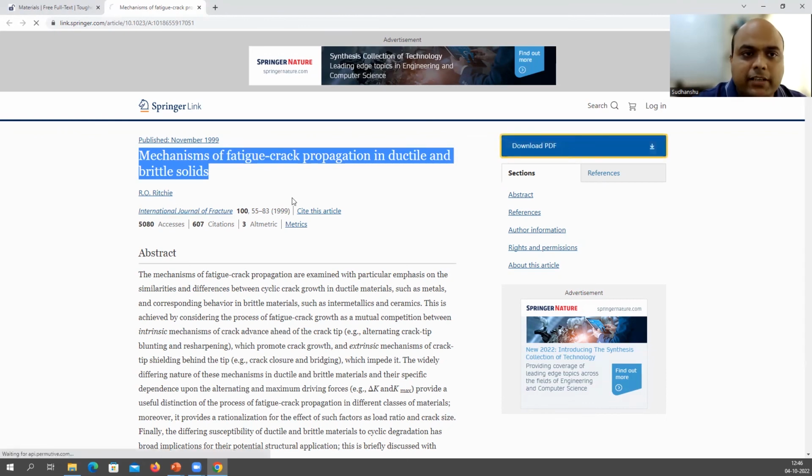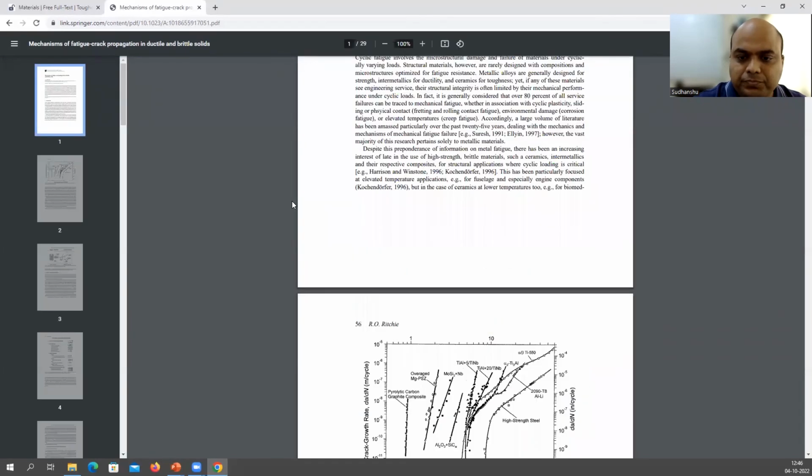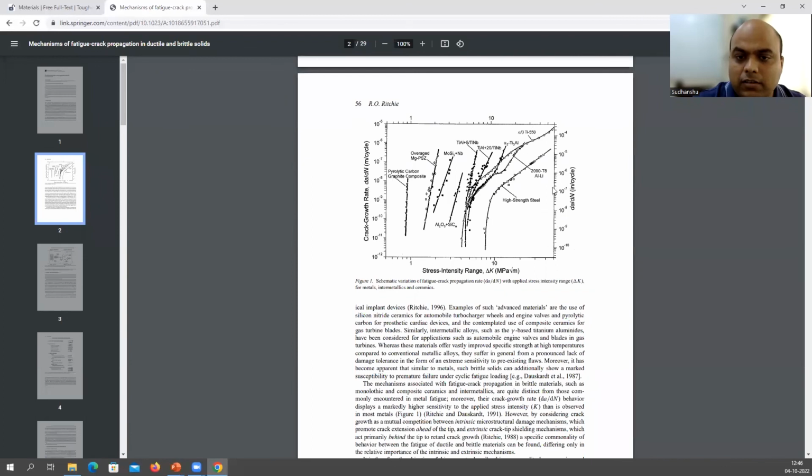So if you see the first image, you have high strength steel, then aluminum lithium alloy, then this is for titanium alloy, right? Intermetallic, you can see magnesium, right? So you have metals, intermetallics and ceramics, right?